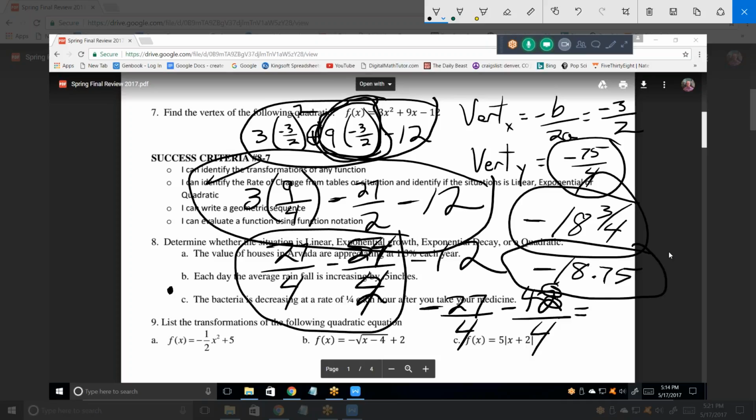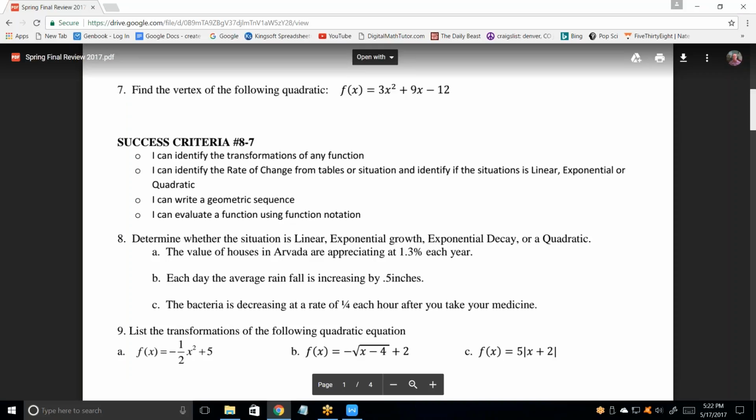This is what your calculator would give you, and that actually might work for an answer if your teacher accepts it. Still, you've got to be able to know how to do basic arithmetic, and that's all this is. Doing it without a calculator is basic arithmetic. All right, let's go on.